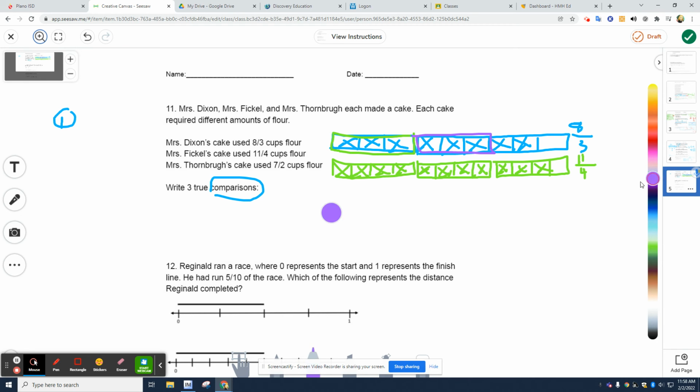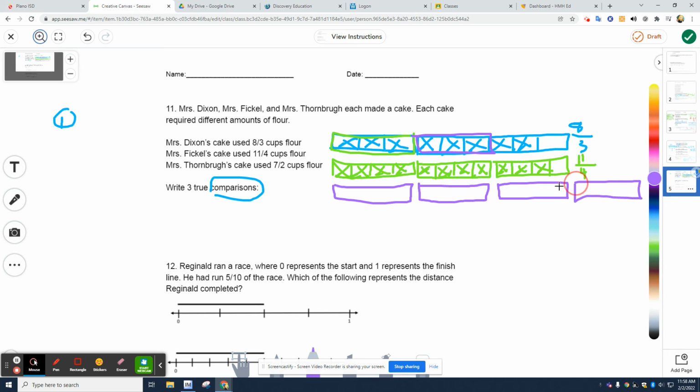Last one, I'm going to do a different color. Mrs. Thornborough. She used 7/2. 1, 2, 3. Well, I know 6/2 is 3 wholes, so I'm actually going to make 1 extra bar here because I think I'm going to need it.